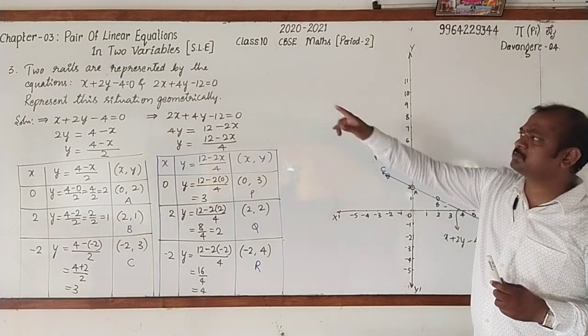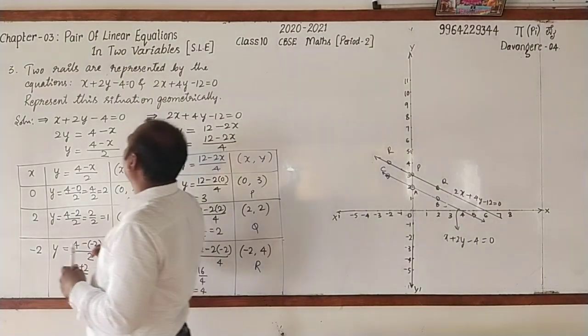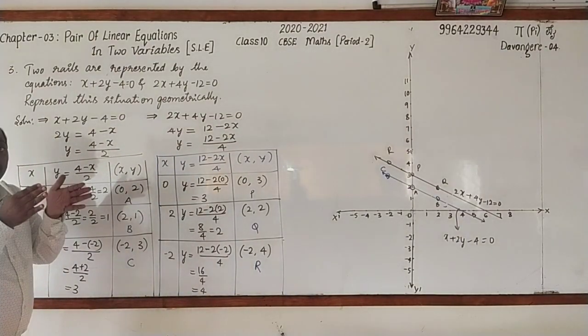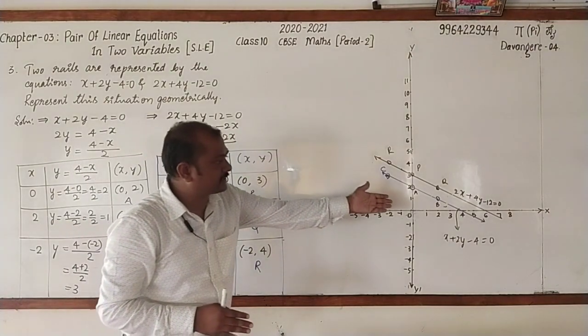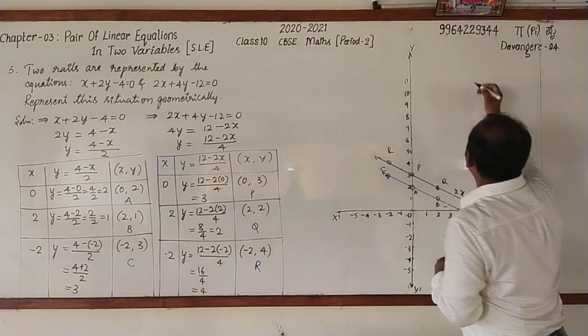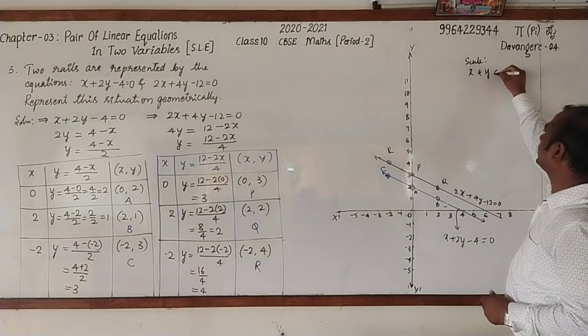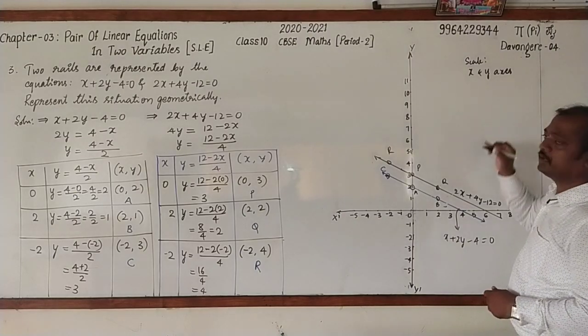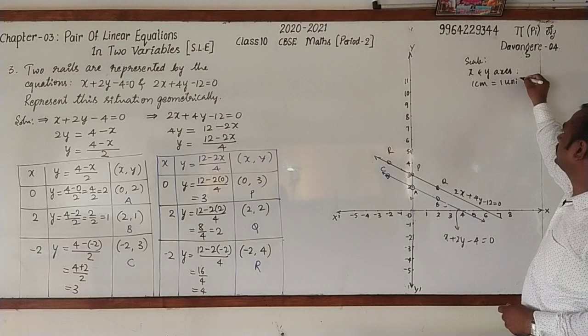Right? Just by observing the question only, you could have decided. Observe. Two rays are represented. Rays will always be parallel to each other. That's why it has come parallel. Got it? Here on the right, scale: x and y axis, 1 centimeter is equal to 1 unit.